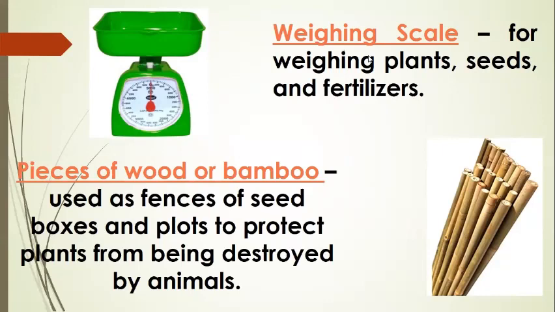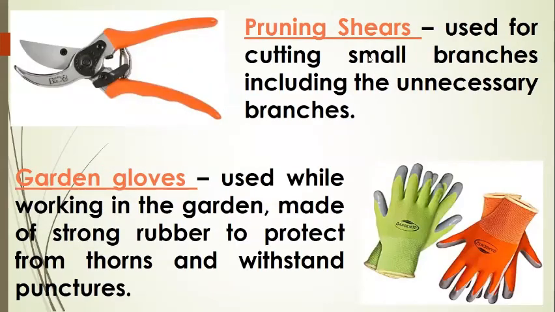And you may have pieces of wood or bamboo to secure plants. You have the pruning shears, used for safe cutting. And of course, the garden gloves, used while working in the garden, made of strong rubber to protect from thorns and withstand punctures. Very important are garden gloves to protect your hands.